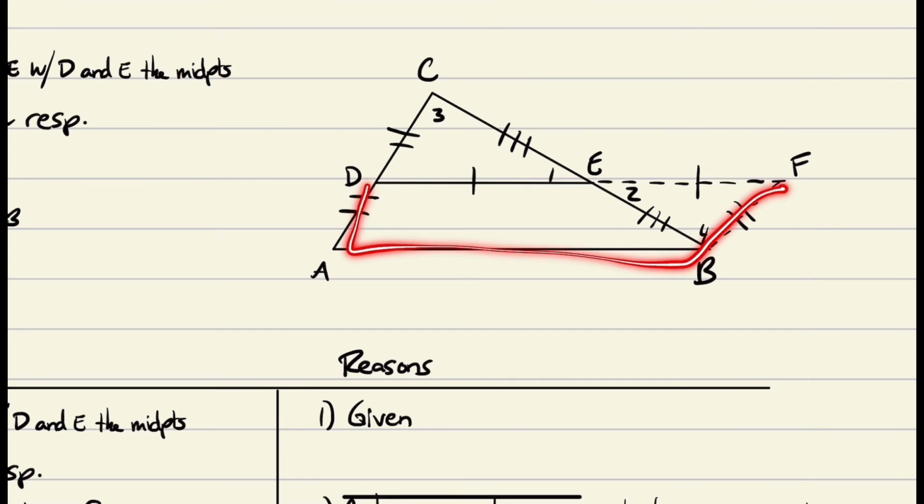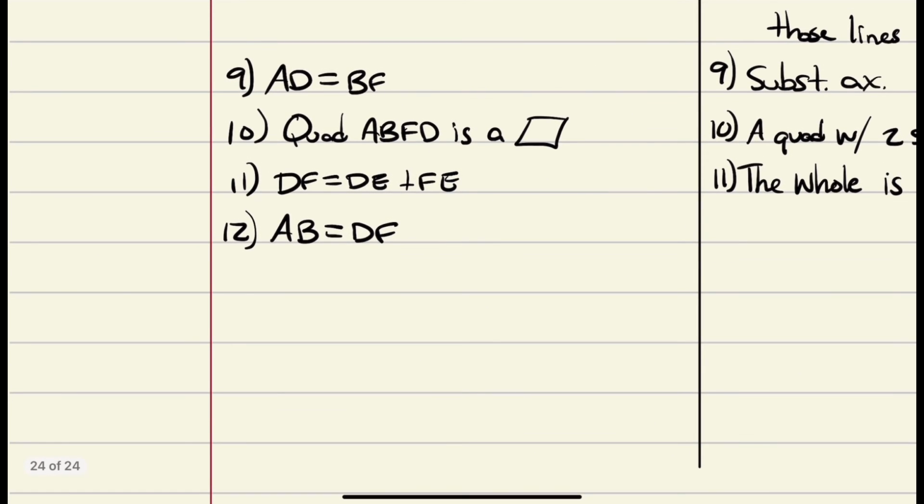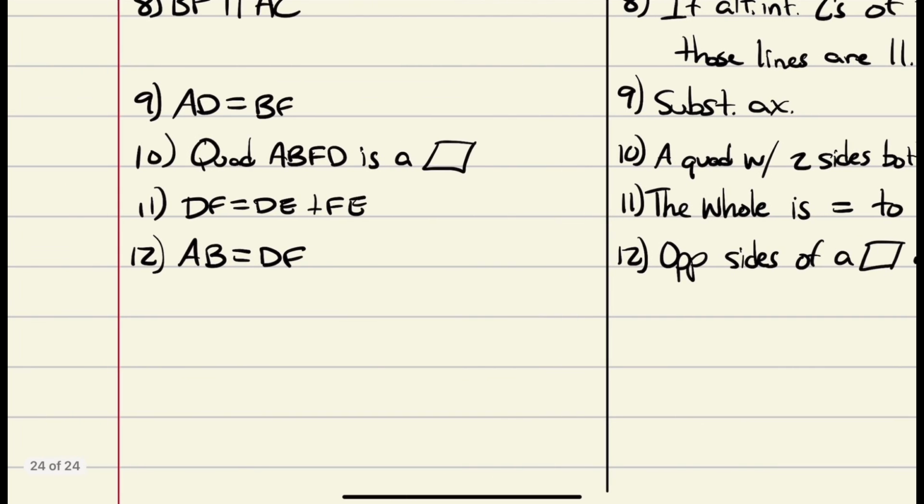We've already stated that this entire thing is a parallelogram, and because we've proved it, we know that opposite sides of parallelograms are equal. And we've said that this is a parallelogram, so the opposite sides would then be equal to each other. So AB equals DF, because the opposite sides of a parallelogram are equal.